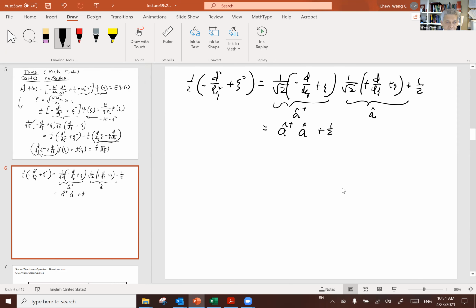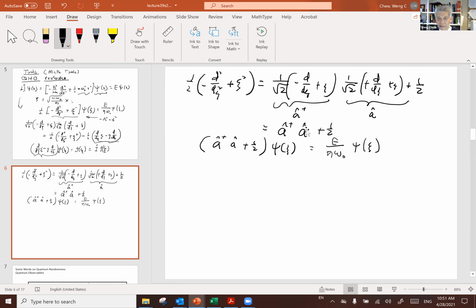This term can be replaced by that term, and the Schrodinger equation can be written as, let me see if I plug it back in, A dagger A plus half acting on psi of xi, which is this one, is equal to E over h bar omega naught psi of xi. So the Schrodinger equation becomes very compact.